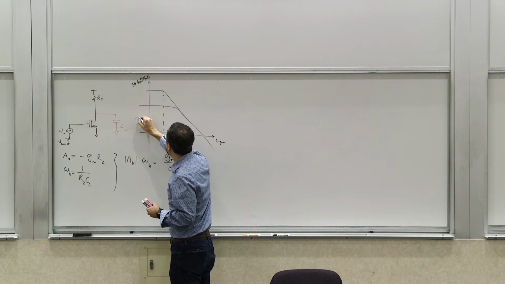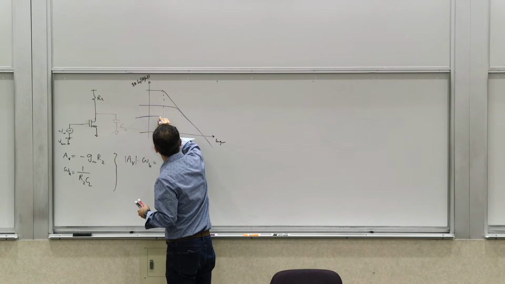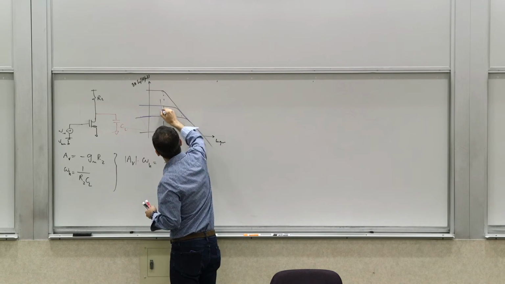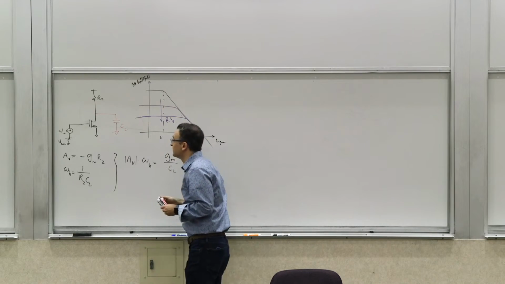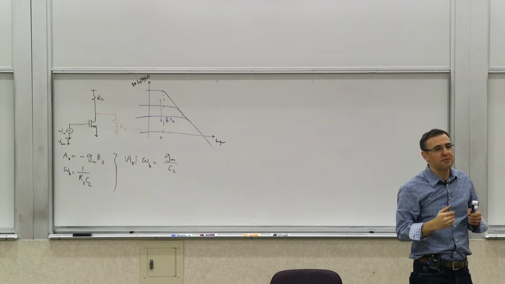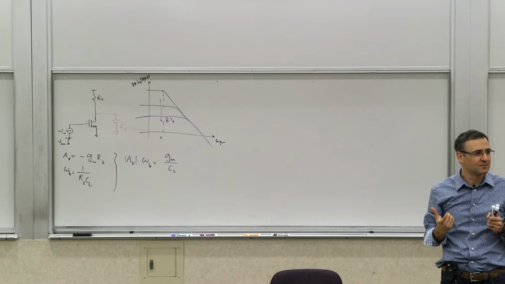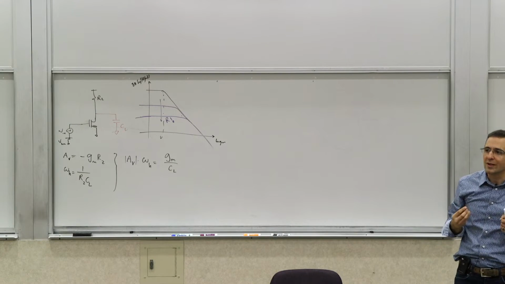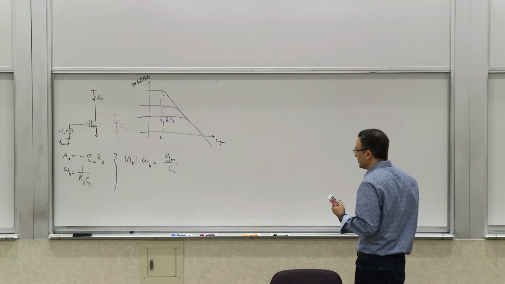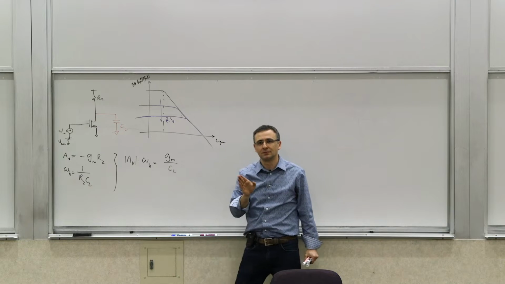And as I lower R, well, this is not a straight line, but as I lower R, you see that my gain goes down, but my 3 dB bandwidth is increasing proportionally. So there appears to be, and there is, some sort of a trade-off between the gain and the bandwidth of a system.